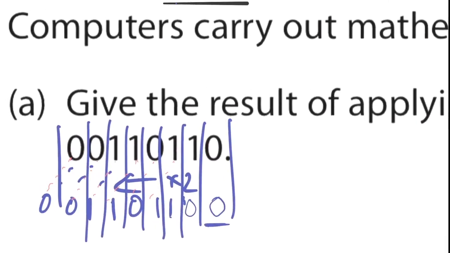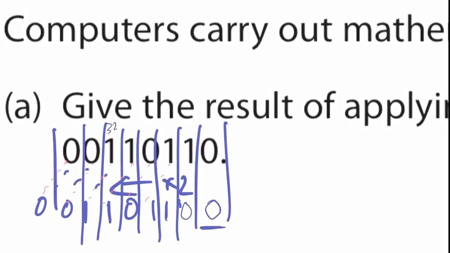So what is this number? It's 32, 16, 4 and a 2. So 16 plus 4 is 20, plus 32 is 52, plus, so it's 54. So I expect this number to be 108. So let's just make sure it is. 64 plus 32 is 96, plus 8 is 104.